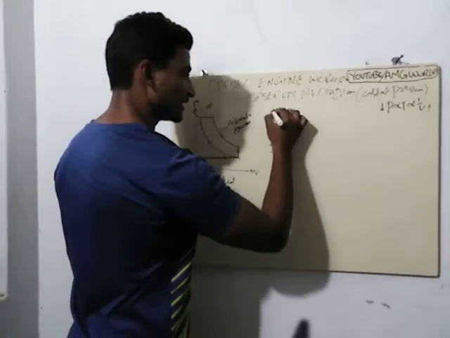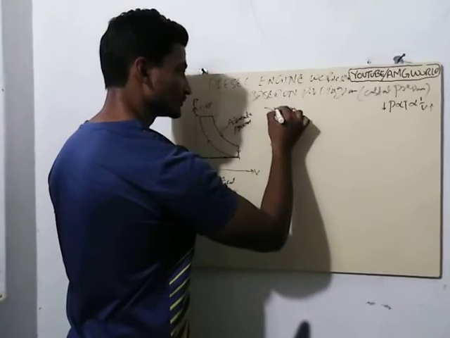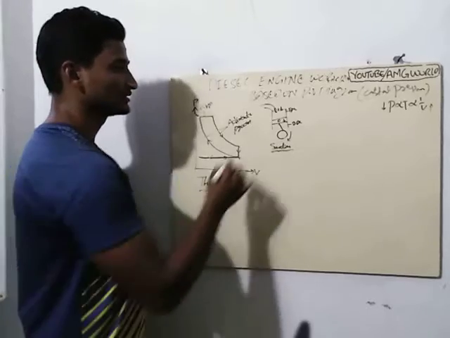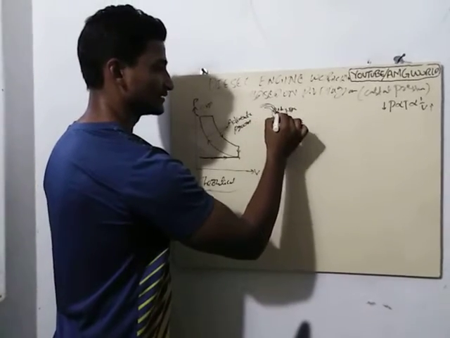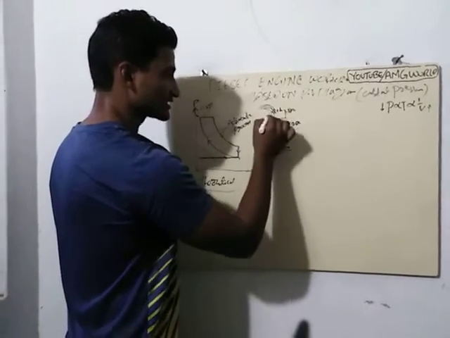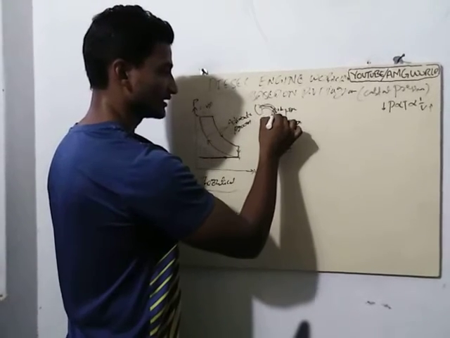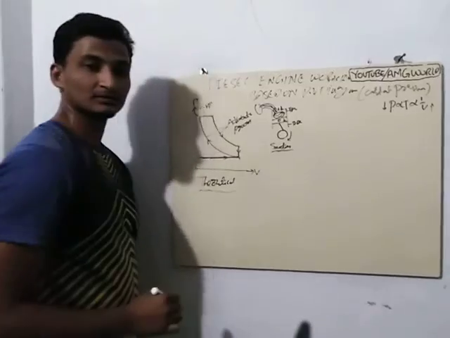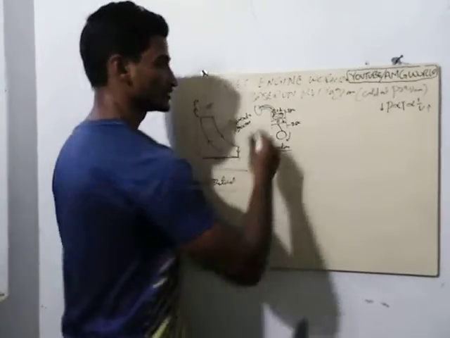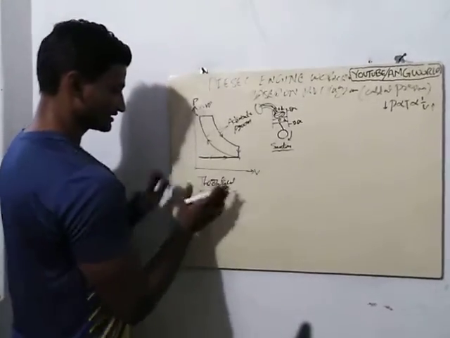What happens at this condition? We have the inlet valve open and negative pressure is created, which sucks air from the atmosphere through a filter into this particular engine cylinder. So this is the first stroke. Here this is the theoretical one.